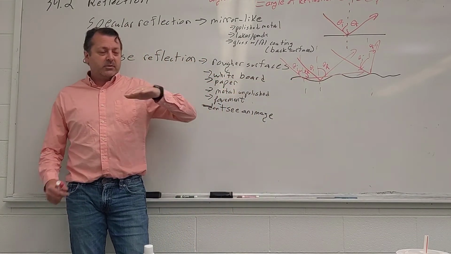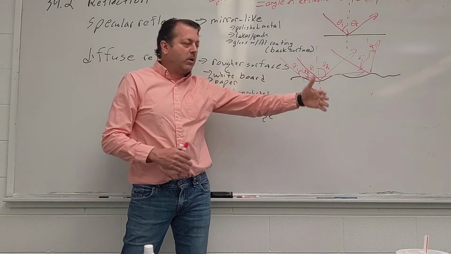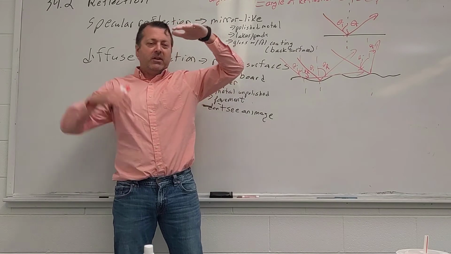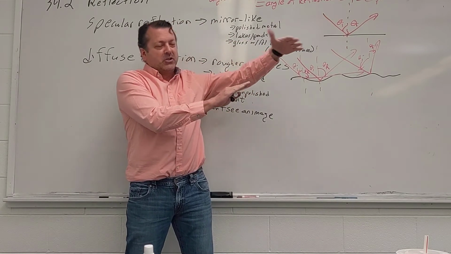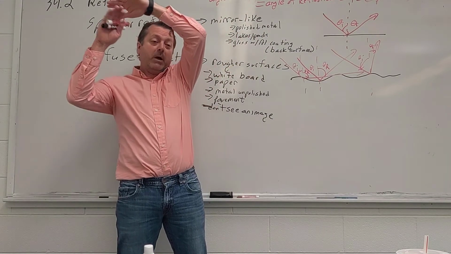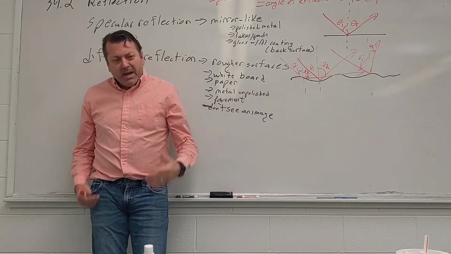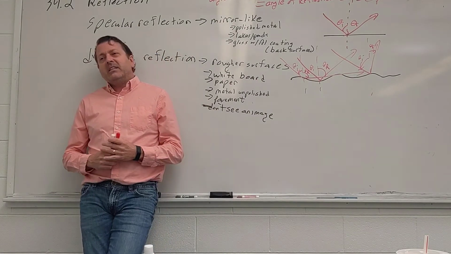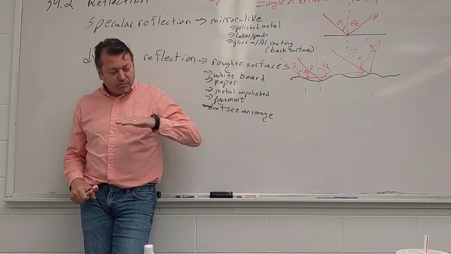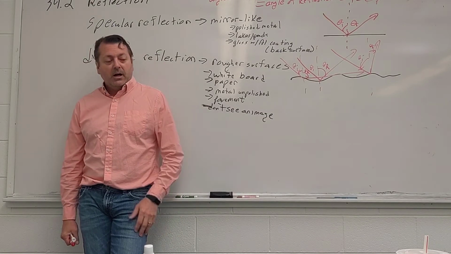They had a little camera that would go across like this and find all the angles and how much light is at each angle as it came in. Most of it was here when it was specular, but you had some diffuse stuff way back here that would come back at it a little bit. And based on that, they could tell you the flatness, the profile of that wafer to really, really high precision.